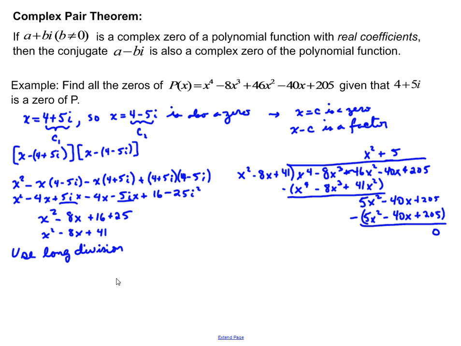And so what we've just found is that our polynomial will also have x squared plus 5 as a factor.